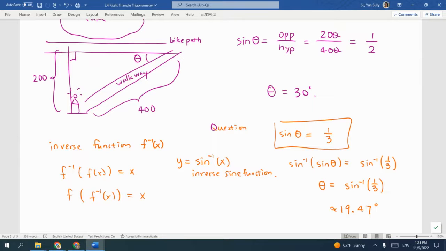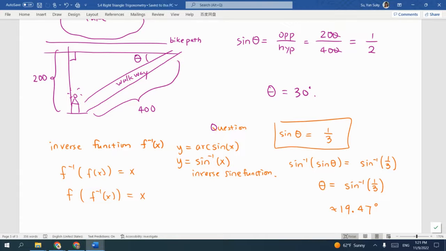I just made that up: outside this problem, what if you have 1/3 instead of 1/2? Then we can use the arcsine function. Arcsine is another name. They're the same thing. They both mean the inverse function of the sine.